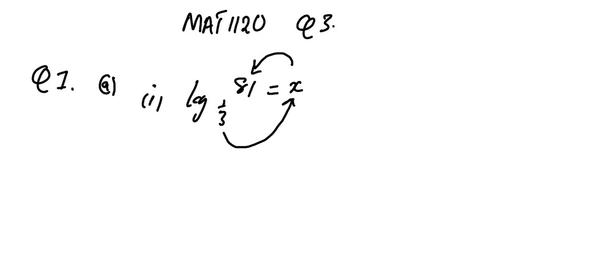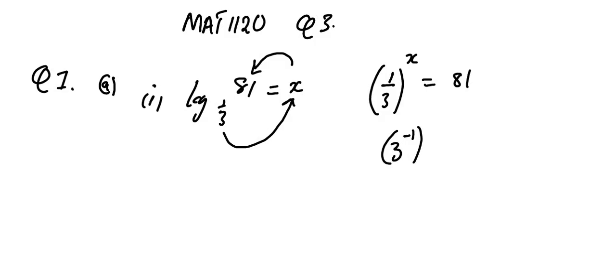We're converting this from a logarithmic expression to exponential form. Then we can break this down by writing (3^-1)^x equal to 81. So this is the same as 3^(-x) equal to 81.